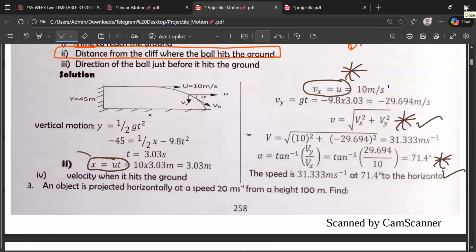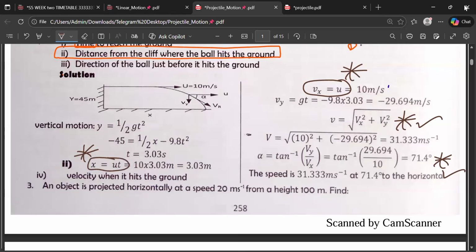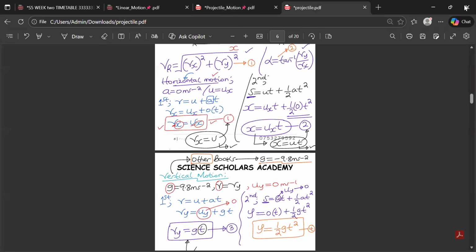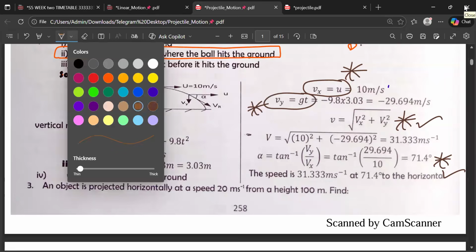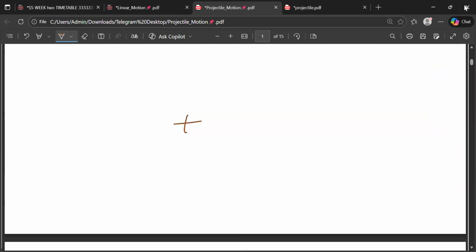X is equal to ut, so it was also used, and we also used it in the previous one. Look at the third, the one which says Vy is equal to Gt. It is here. It has been used. You understand? Look here, the last one, y is equal to a half Gt squared. It is here, the very first one. The first one they used here. I think you see that.